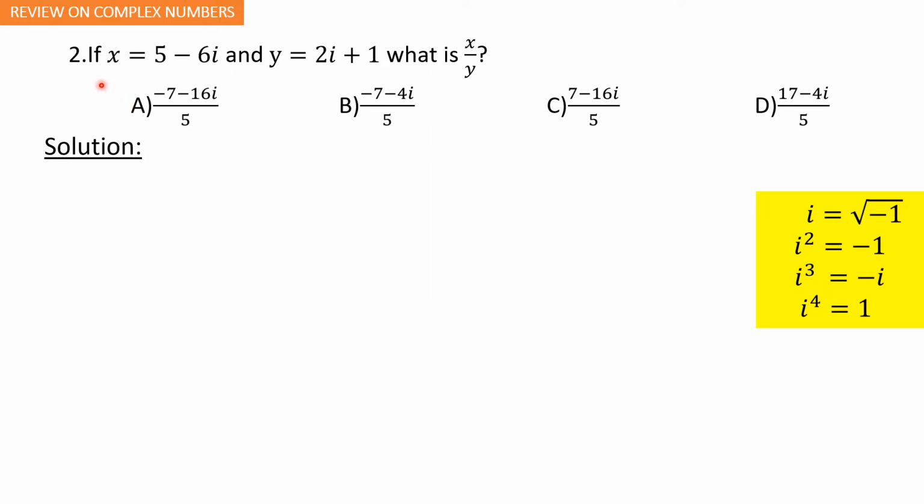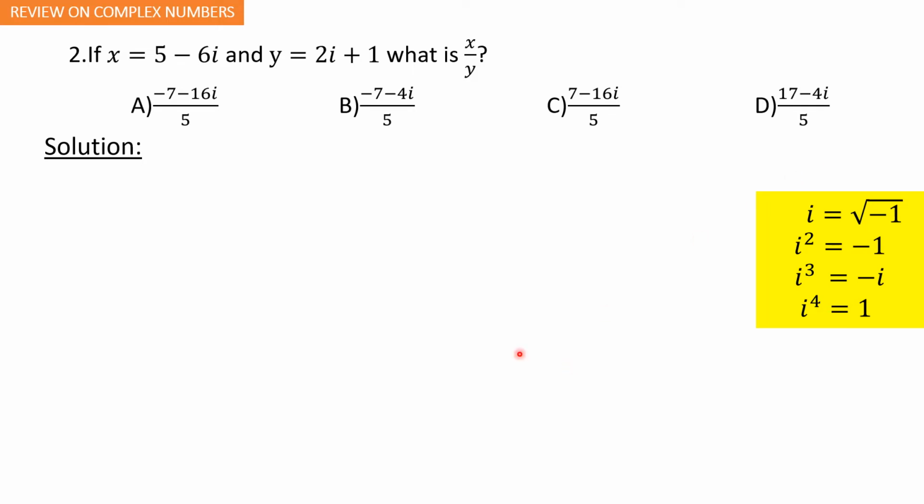Number 2, if x is equal to 5 minus 6i and y is equal to 2i plus 1, what is x over y? So, we have the options A, negative 7 minus 16i over 5, B, negative 7 minus 4i over 5, C, 7 minus 16i over 5, and D, 17 minus 4i over 5.